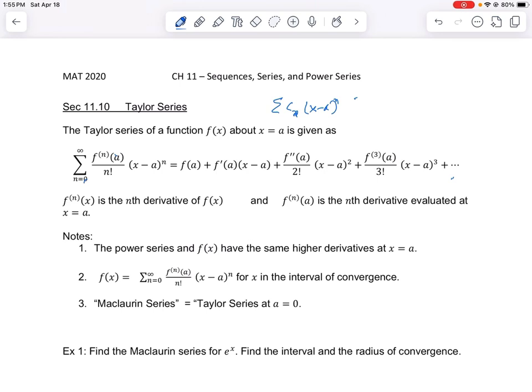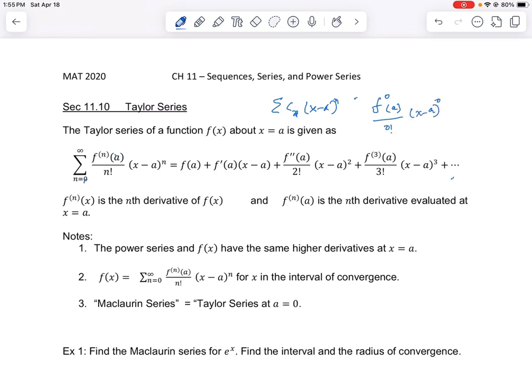So the nth derivative of f evaluated at a divided by n factorial, and then x minus a raised to the power n. So when n is 0, we will have the 0 derivative evaluated at a, divided by 0 factorial, and then x minus a raised to the power 0.